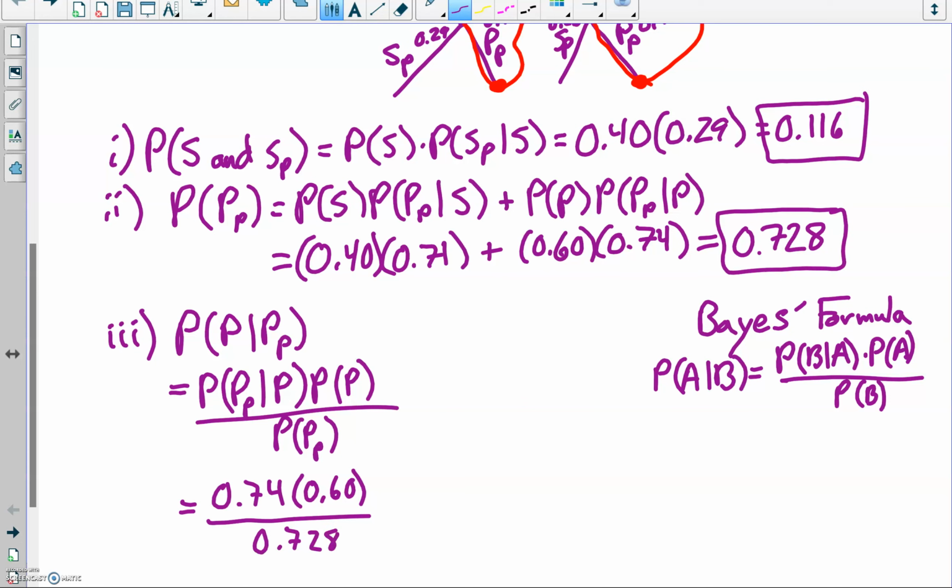When you work that all out, you get 0.6, and it's really 0.6098. But if I round to 3 decimal places, the 9 goes up and we get 0.610.